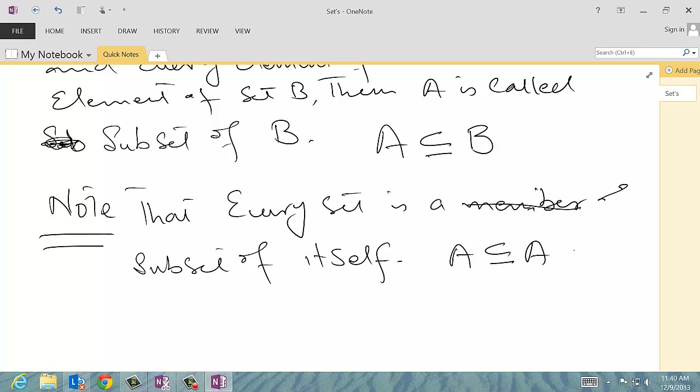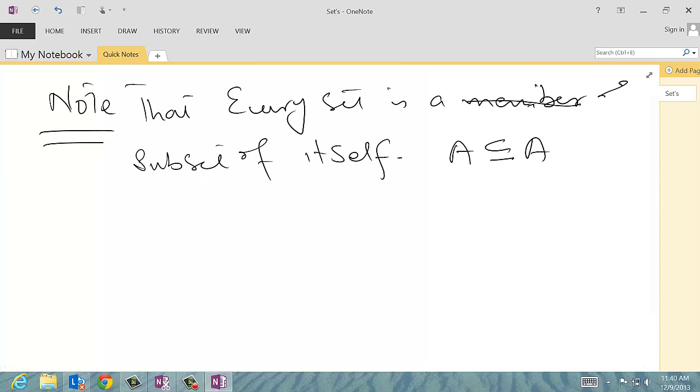But is it a proper subset? No. Well, the proper subset means that if A and B are two sets and every element of set A is also an element of set B, but at least one element of the set B is not an element of the set A, then the set A is called a proper subset of set B. So at least there should be one extra element in B which doesn't come from A. Then A will be called a proper subset of set B. For example, proper subset.